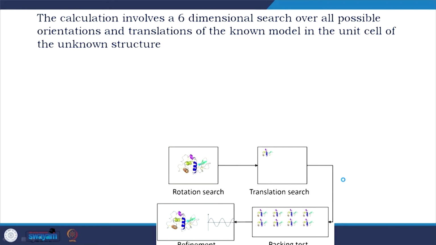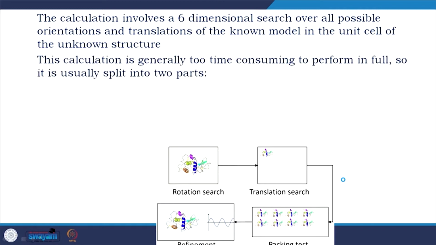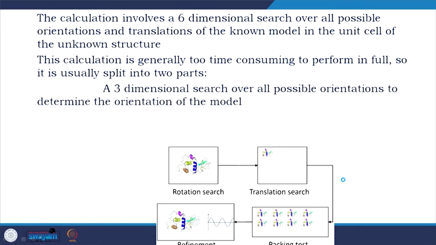So, the calculation involves a 6-dimensional search over all possible orientations and translations of the known model in the unit cell of the unknown structure. As this calculation is generally too time consuming to perform in full, usually it is divided into 2 parts. The first one is a 3-dimensional search over all possible orientations to determine the orientation of the model.